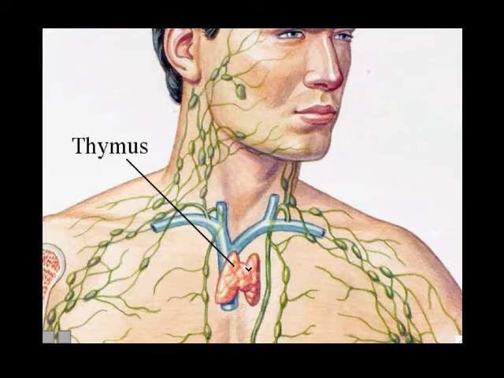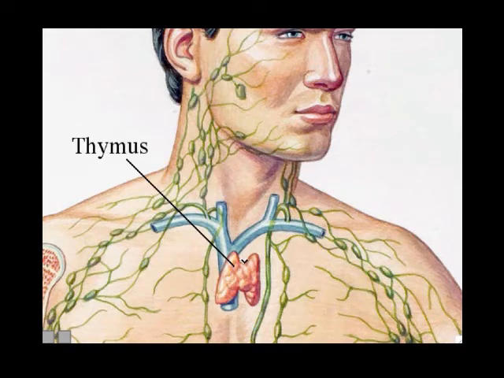The thymus is kind of a training camp for some of your white blood cells. There's a type of white blood cell called a T cell, and it's a subcategory of one of those lymphocyte white blood cells. In other words, a T cell is a type of lymphocyte. And your thymus houses a bunch of these T cell lymphocytes, and it essentially trains them on how to fight pathogens for you.